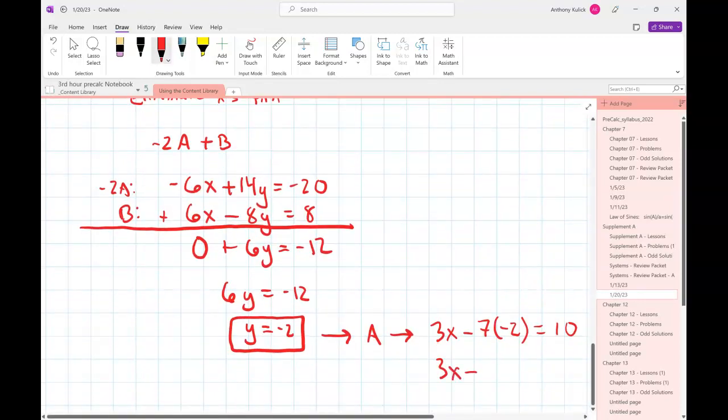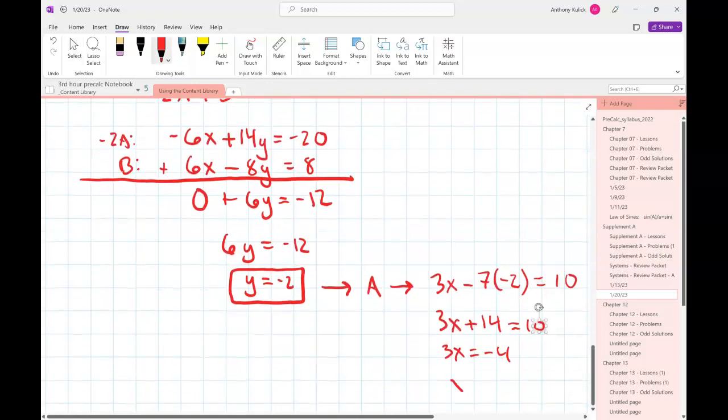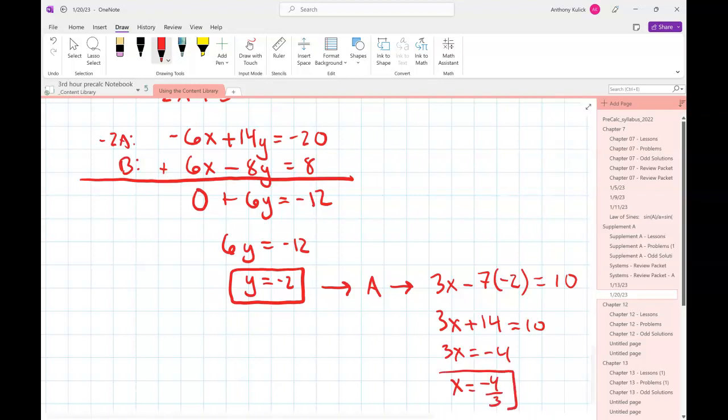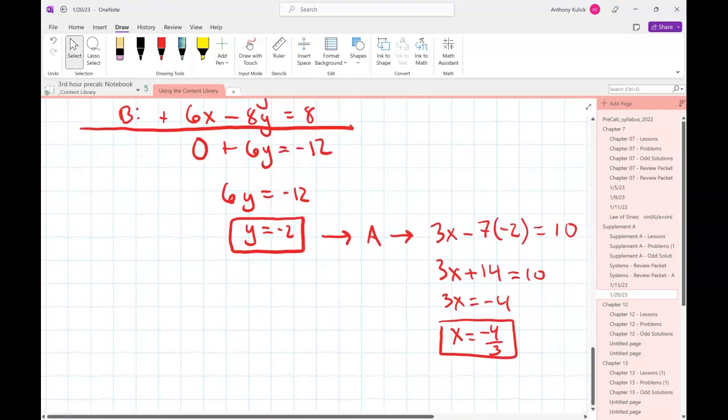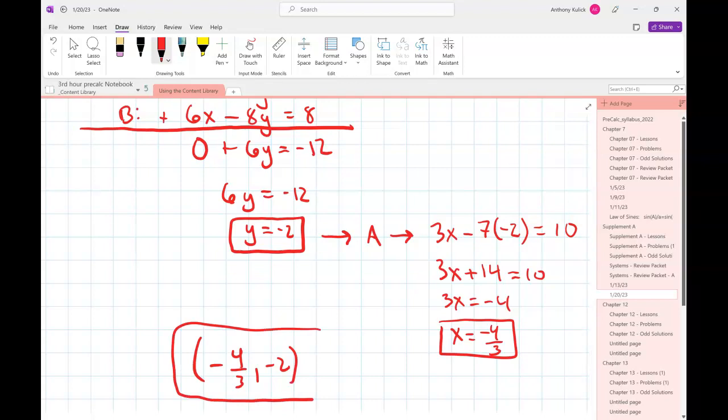So 3x plus 14 equals 10. I'll subtract 14 from both sides, and then divide both sides by 3. So my answer would be -4/3, -2.